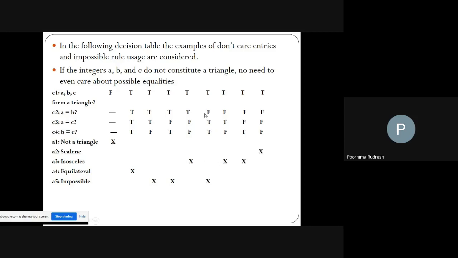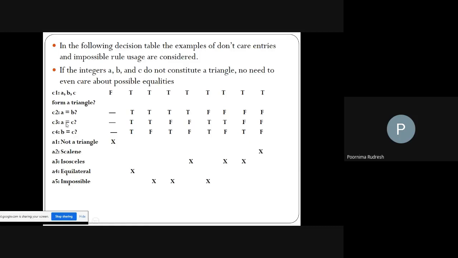Similarly, if A is equal to B is false, then is A equal to C or B equal to C? That condition will never occur. Why? Because if A is not equal to B, then A is equal to C and B is equal to C cannot occur.